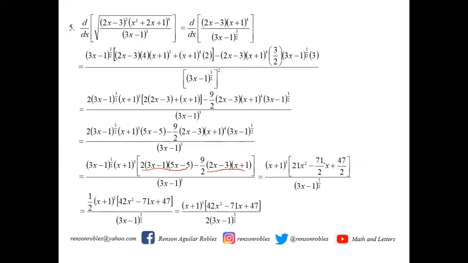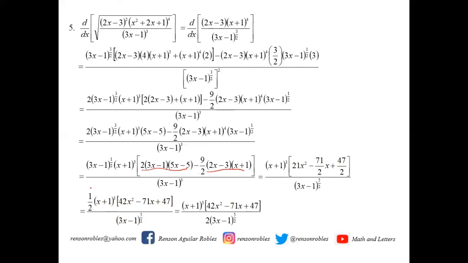I will factor out 1/2. So 1/2 times the quantity x plus 1 to the third power, okay? Then the 21x squared will become 42x squared minus 71x plus 47. And then all over 3x minus 1 raised to 5/2.